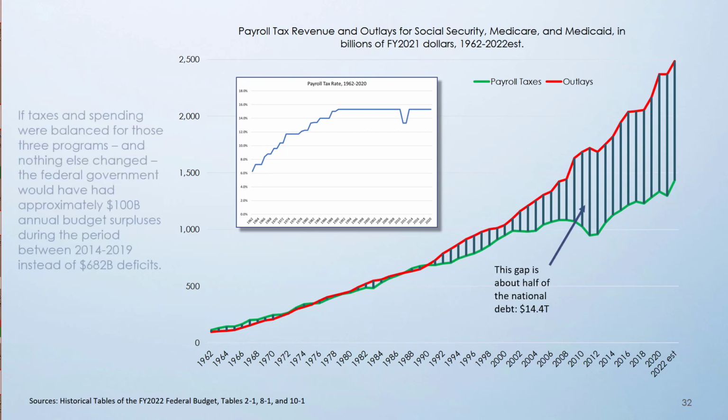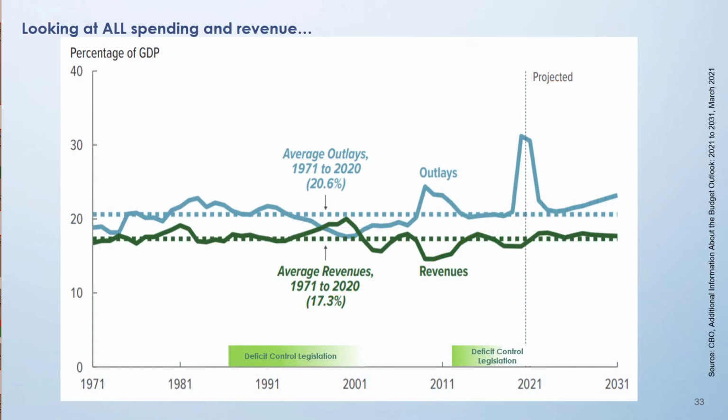If we were to look at all spending for the federal government, not just the payroll tax and these three programs, the blue line is the money going out the door in outlays. The green line is the money coming in, revenues.